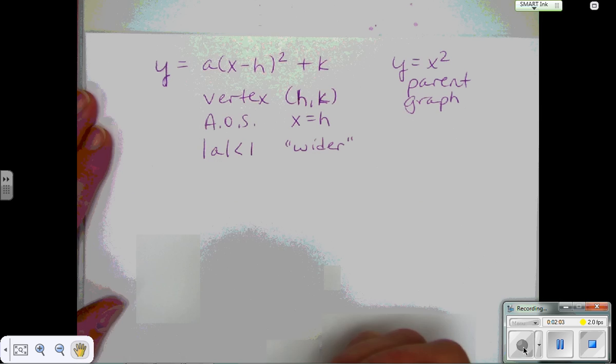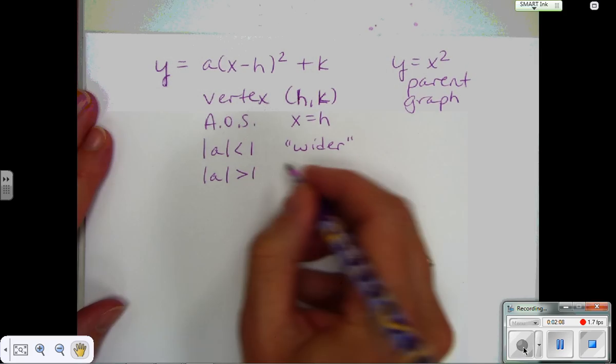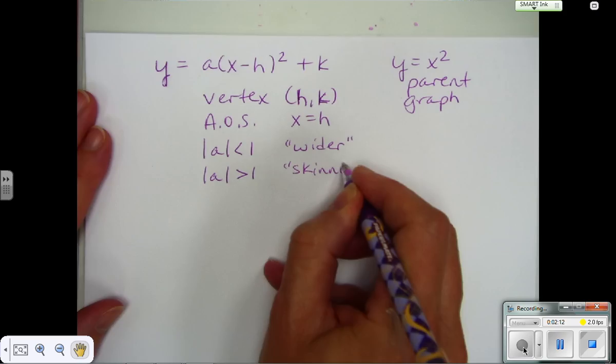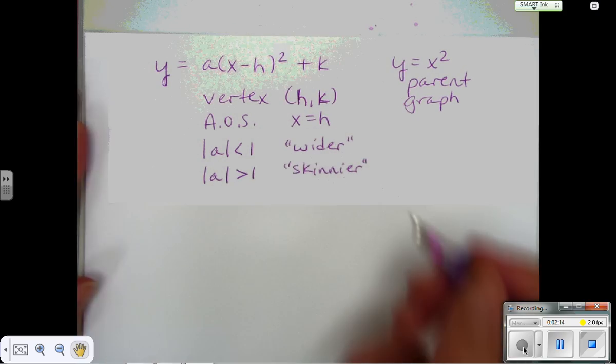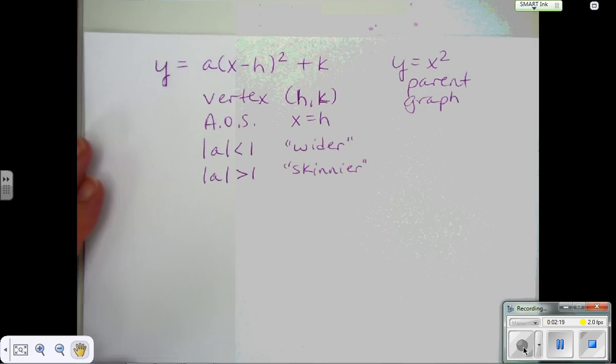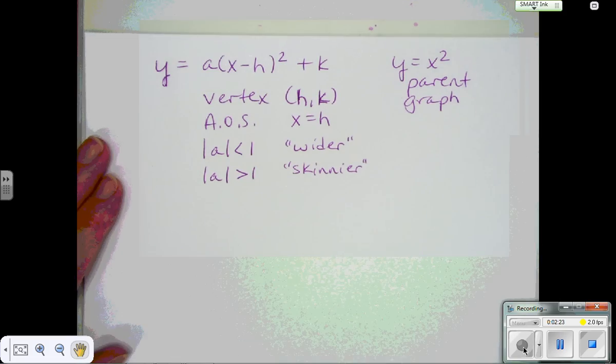If the absolute value of a is greater than 1, then it's going to get skinnier, or have a vertical stretch. Okay, so then your vertex is going to move from (0, 0) on the parent graph to (h, k) on this transformed graph.